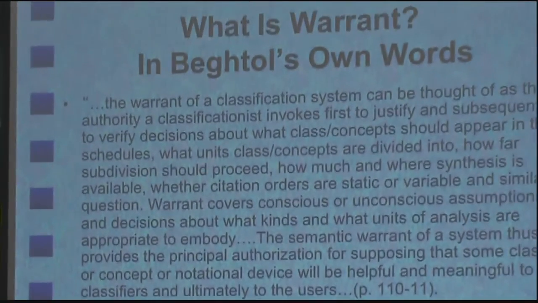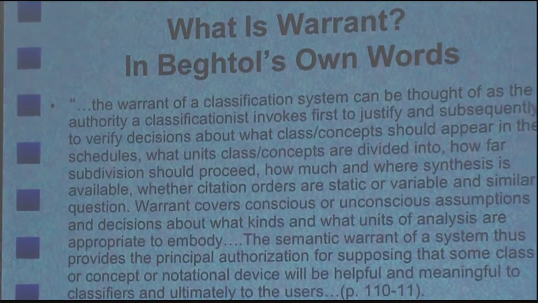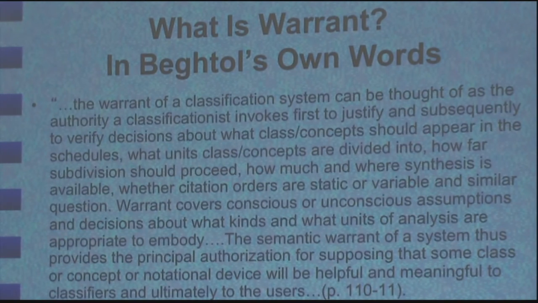So I'm going to just read this to you because there is really no way to do it. What is warrant? The warrant of a classification system can be thought of as the authority of the classificationist, the authority that the classificationist invokes to justify their decision. What units should be included? How are they divided? How far the subdivisions?